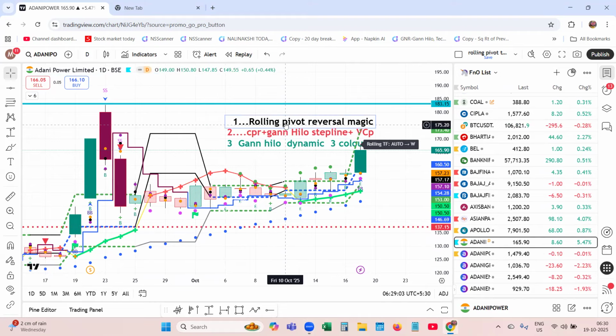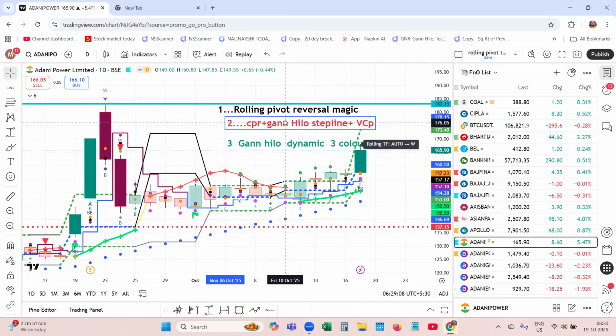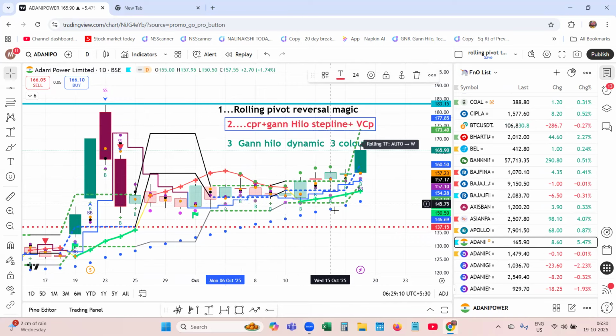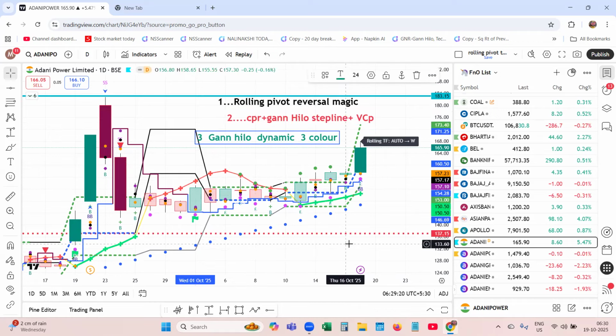With the help of the Rolling Pivot Reversal Magic, CPR Gann Hilo Stepline, plus VCP volatility contraction, and Gann Hilo dynamic 3 color.